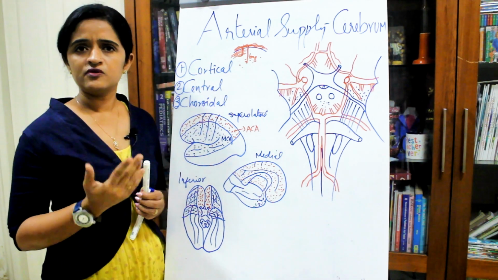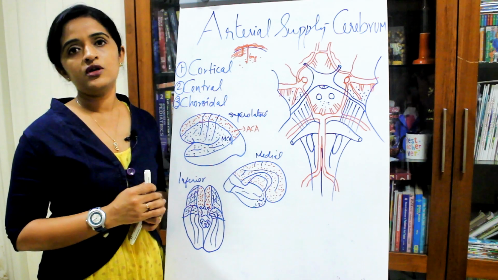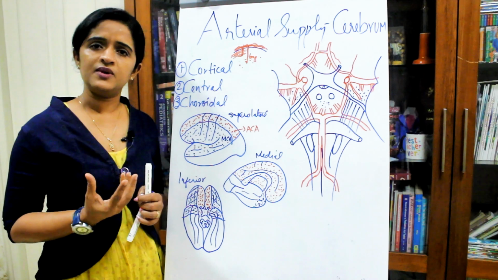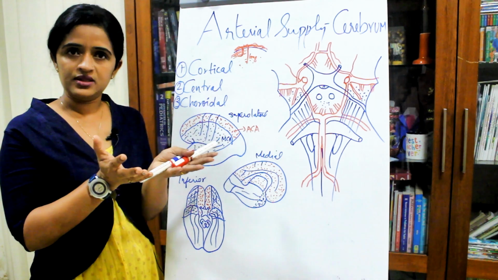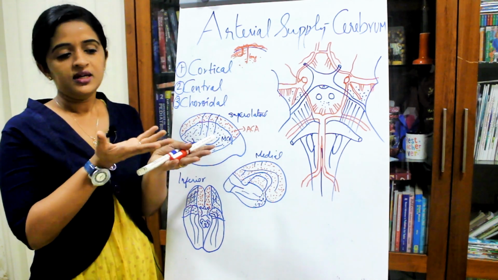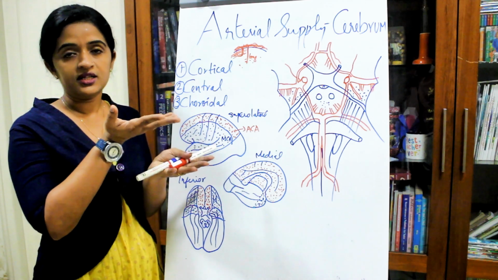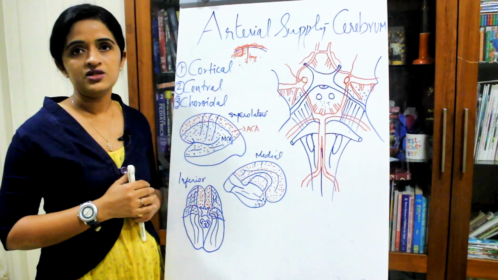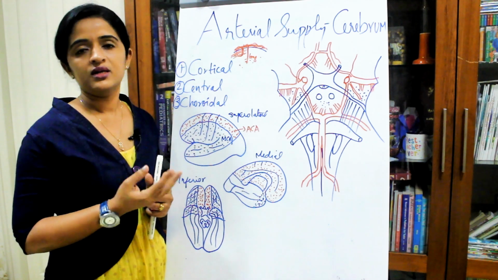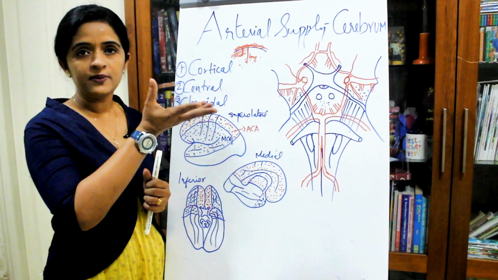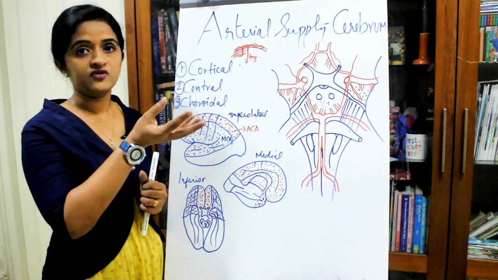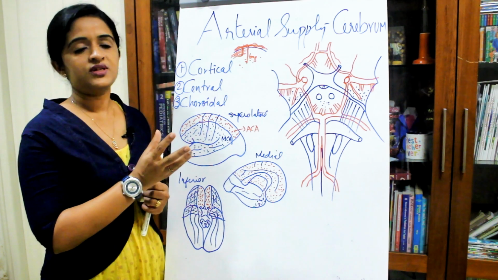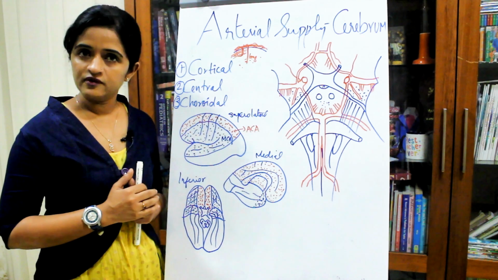Now the next pattern of branches, you call it central branches. What do you mean by central branches? If you imagine this as the cerebrum, the cerebral hemispheres, there are some structures seated at the base or on the inferior aspect of the cerebrum, like the internal capsule and the caudate nucleus. Some structures like that will be there in the innermost aspect of the cerebrum towards the base. There is a system of vessels known as the circle of Willis.